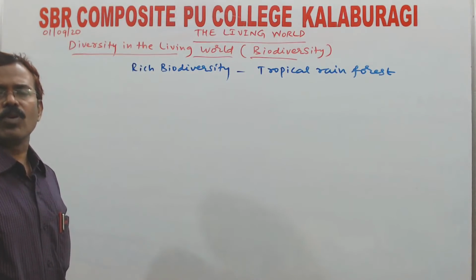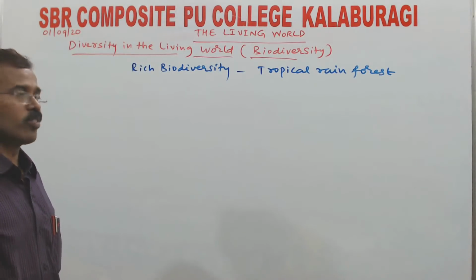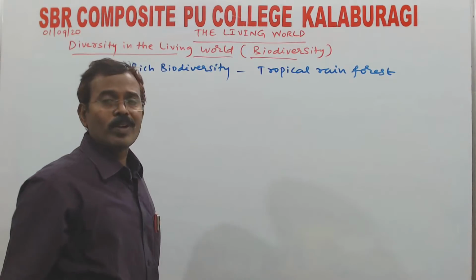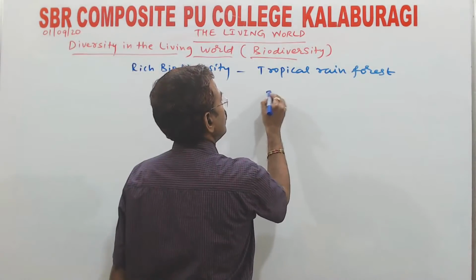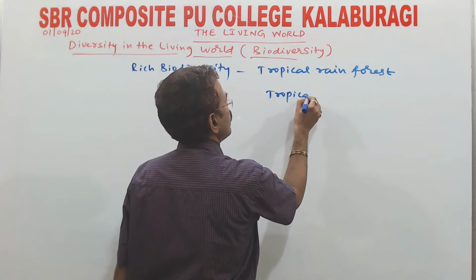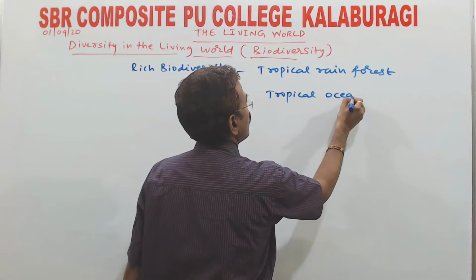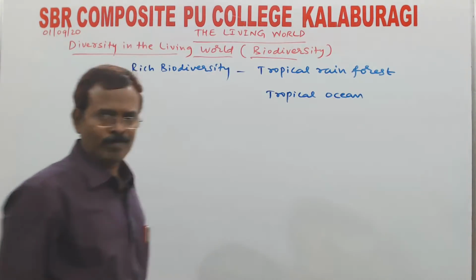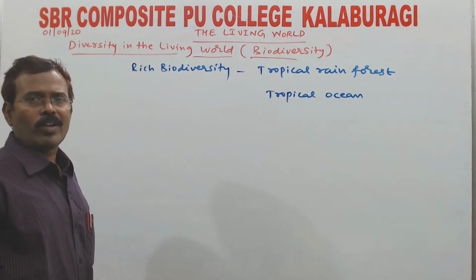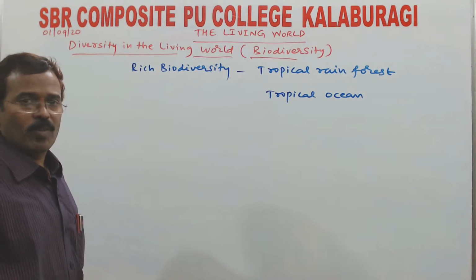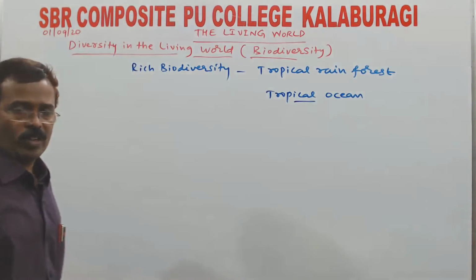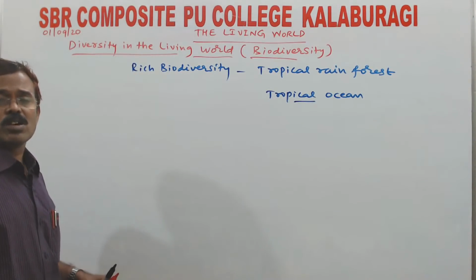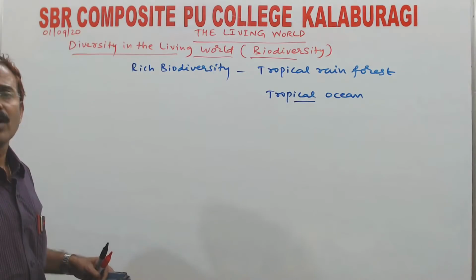Rich species of flora and fauna, that is biodiversity, you'll find in tropical rainforest, and also in tropical ocean. In the tropical water reef of the ocean, that ocean is mainly tropical ocean. So there we will find a rich heritage of what we call flora and fauna.